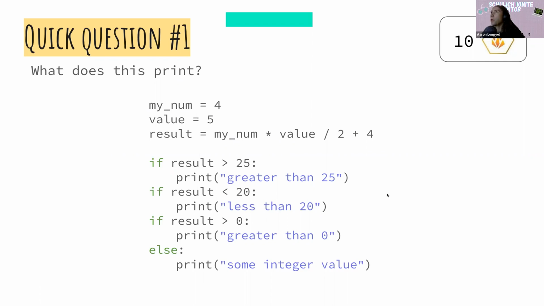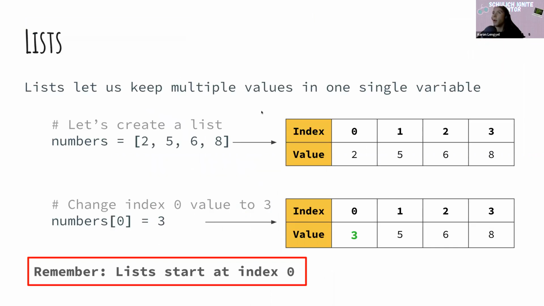So we're going to move on, very quickly, to lists. This lets us keep multiple values in one single variable. This is a list of numbers, and the index starts from 0. So the 0th index is going to be 3, the first is going to be 5, the second is 6.